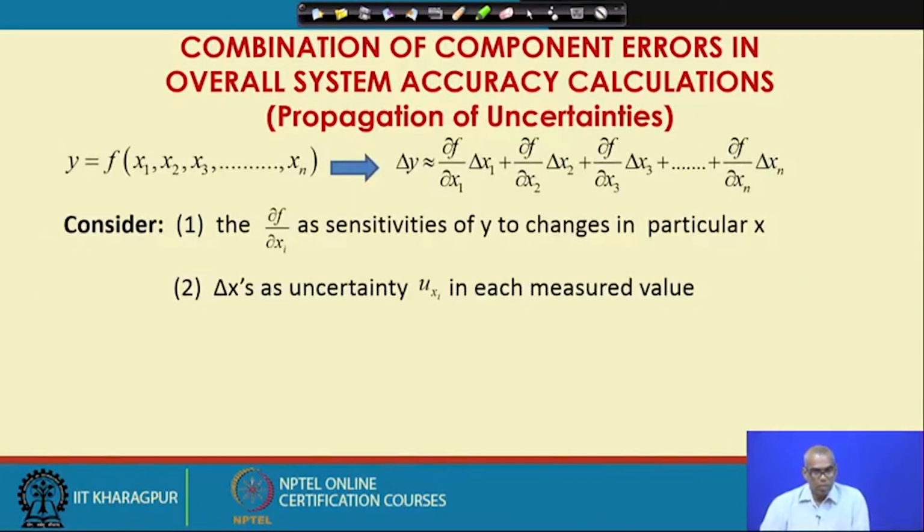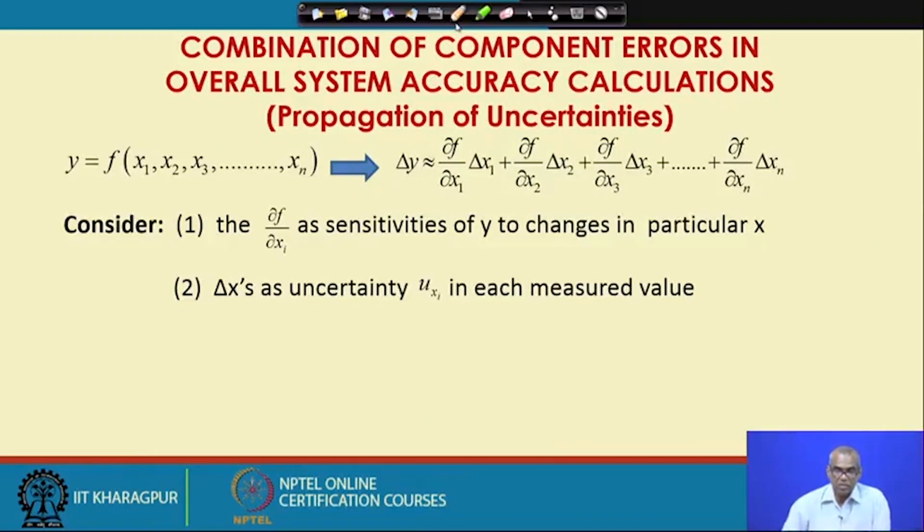Now, we consider this del f del x i as sensitivities of y to changes in particular x, because del f del x i represents the changes in f with respect to change in x i. Change in f is nothing but change in y. So, del f del x i are sensitivities of y to changes in particular x, and delta x i can be considered as uncertainty in x i.